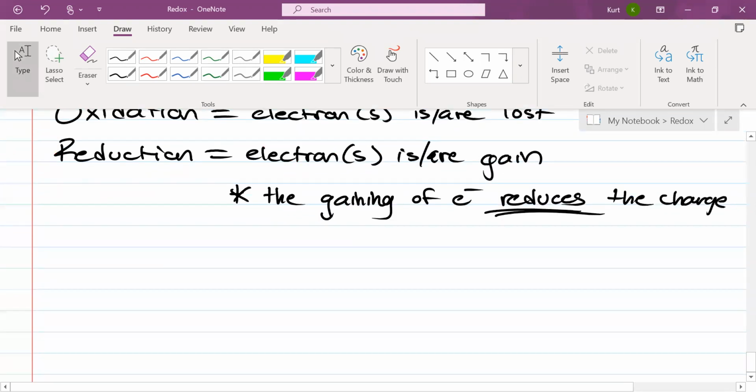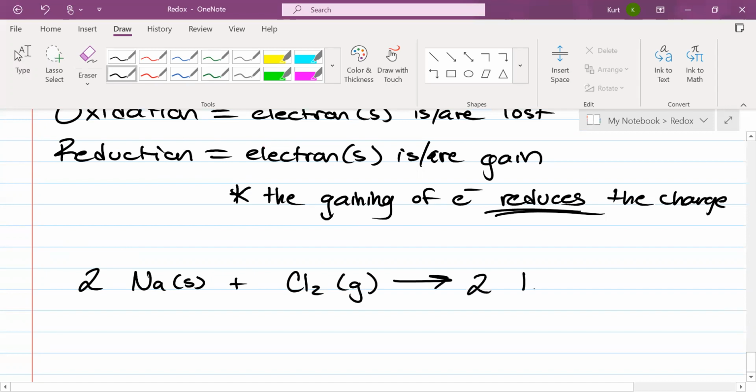So, if you have an equation such as this, what is the cation in this reaction? Is it sodium or is it chlorine?